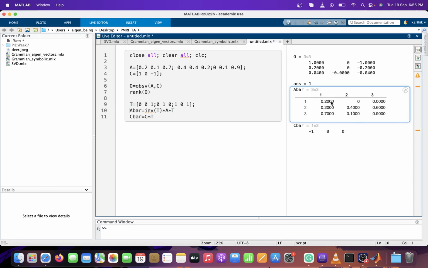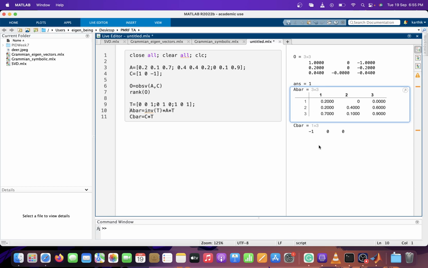If you see, this first block is just 0.2, that is your observable part, because you just had one state which is observable. So this is your one block, this is your matrix of zeros, and this 2 cross 2 is your unobservable part. This is your coupling part, where the unobservable and the observable terms are coupled.